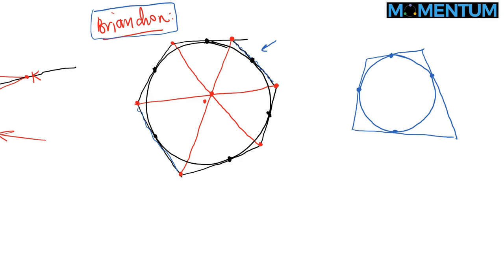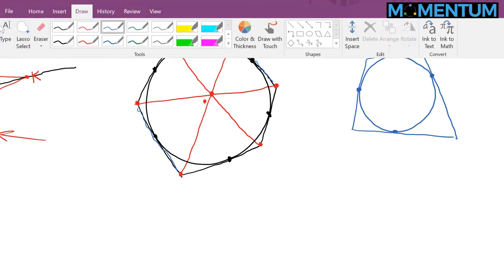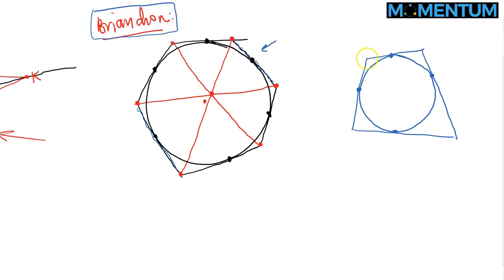Well, I need to first label some of these points. Oops, okay, my computer is okay. So there you go. So let's go ahead and label the vertices here as A, B, C, D, and these touch points as E, F, G, H. Now we will apply Briançon in this following way.